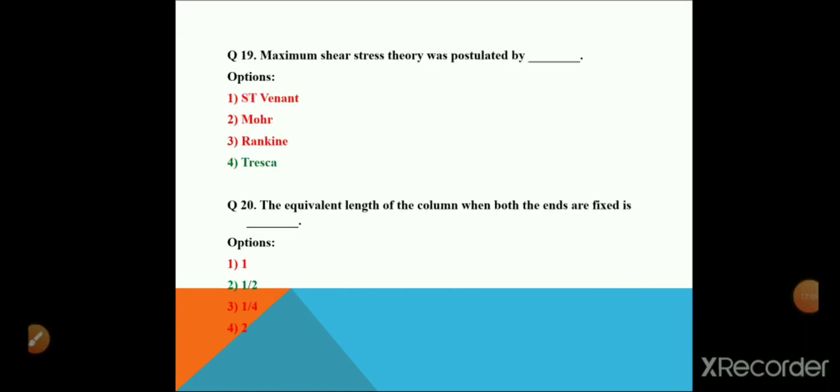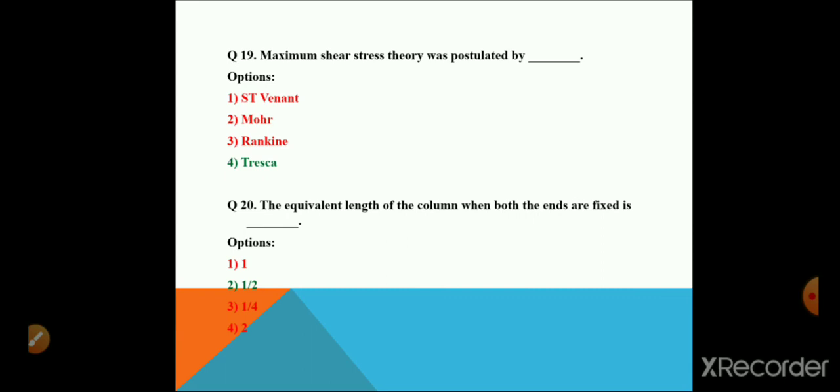Maximum shear stress theory was postulated by which option? Tresca's theory is known as the maximum shear stress theory, and it is mainly used for ductile material.